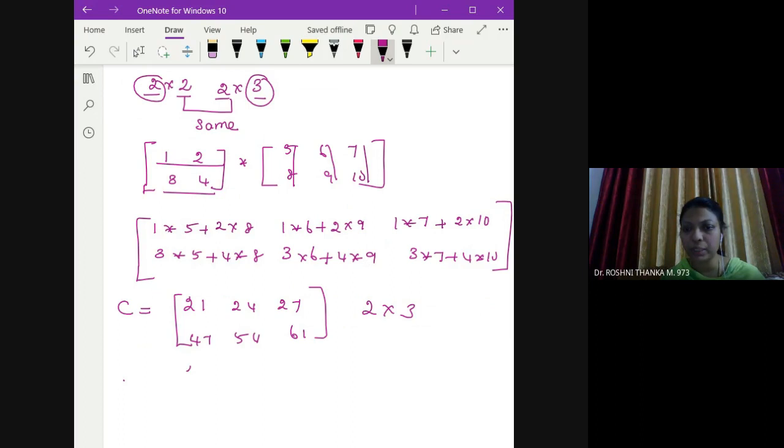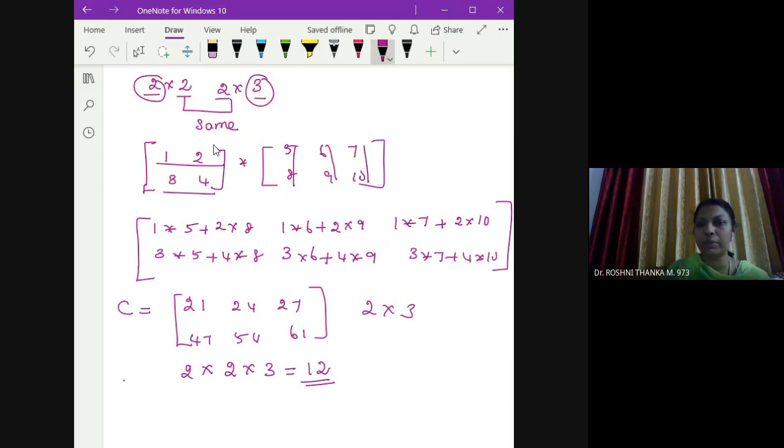We can calculate it like this: 2 into 2 into 3, because the 2 and 2 are the same, so we take one 2 and the column value 3. 2 2s are 4, 4 3s are 12. So we require 12 multiplications to multiply A and B of dimensions 2 cross 2 and 2 cross 3. This is how we find the cost of multiplying these two matrices.